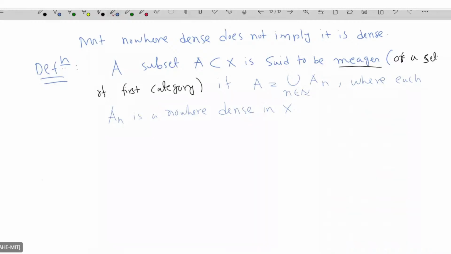So if a set is not meager, then we will call it a set of second category. A non-meager set is known as a set of second category.